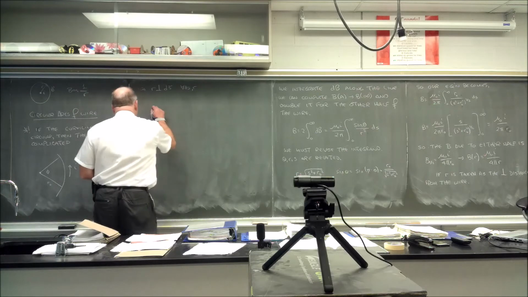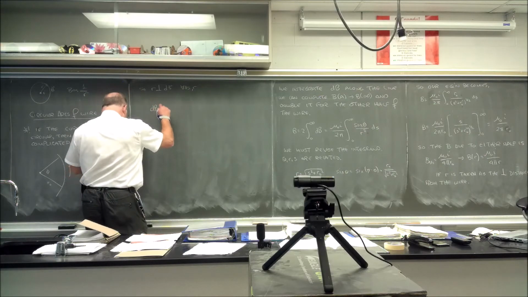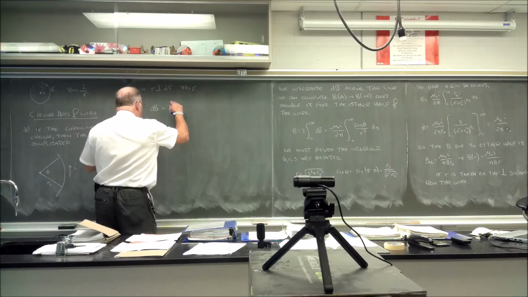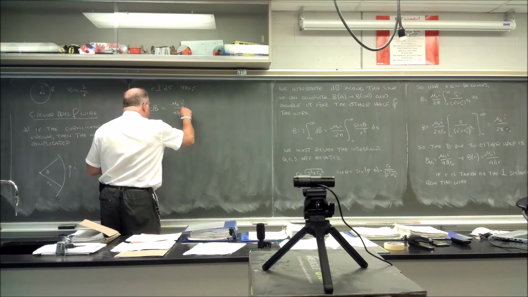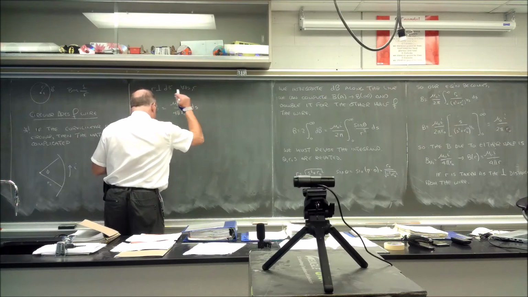So then dB will equal mu naught I over 4 pi R naught squared ds.